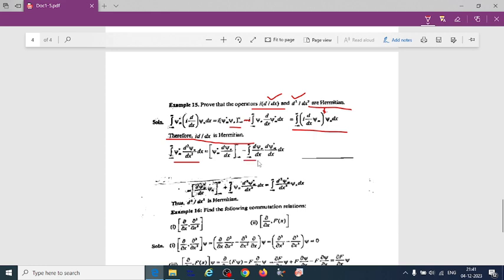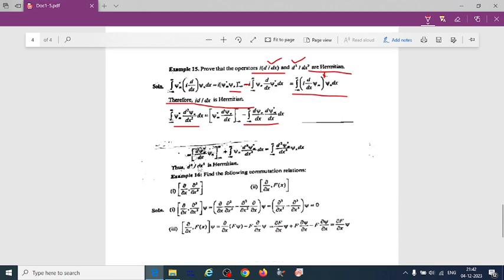Then the second term will be minus infinity to plus infinity dou psi n by dou x dou psi m star by dou x dx here. Then here again we will have the condition, after equating, the equation minus infinity to plus infinity dou square psi m star by dou x square psi n.